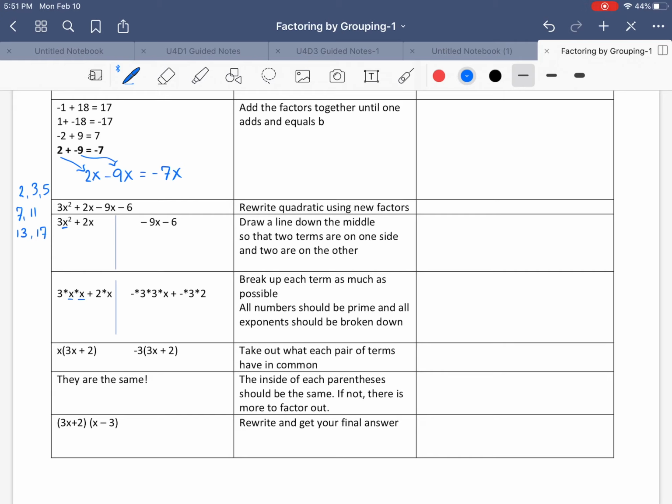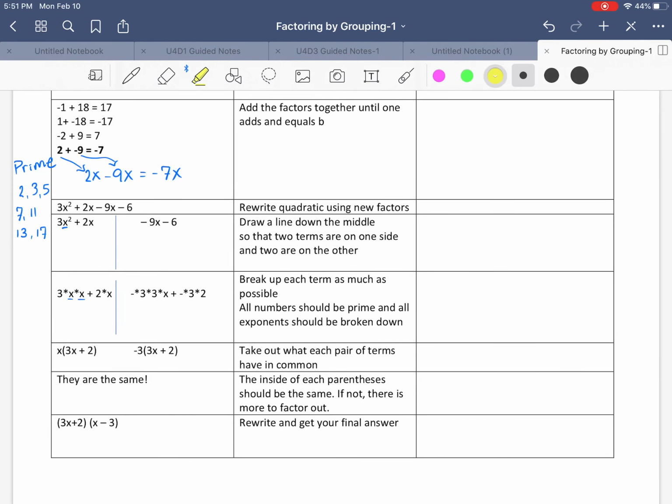Well, 3 times 3. You also have a negative, and then you have an x. You're going to break all of that down into negative times 3 times 3 times x. Similarly, you will see that 6 is not on our prime list. 6 breaks down into 2 times 3. So you have a negative times a 3 times a 2.